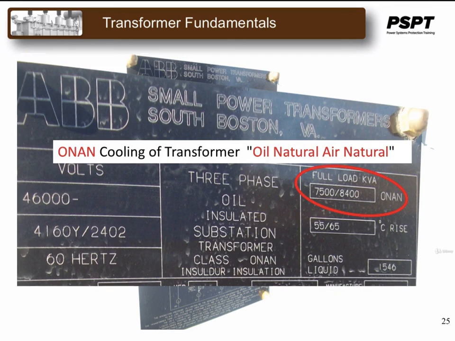It is an ONAN cooling, which is oil natural, air natural, and it has a dual rating depending on the temperature you want to operate the transformer at. It has a 7.5 MVA rating and should not exceed 55 degrees C, and it should be able to put out 8.5 MVA and should not exceed 65 degrees C.